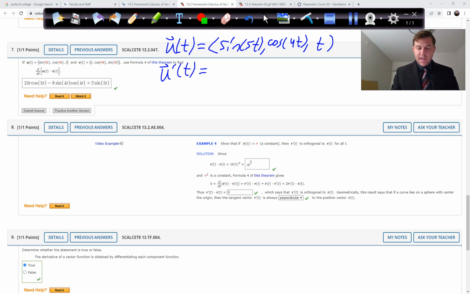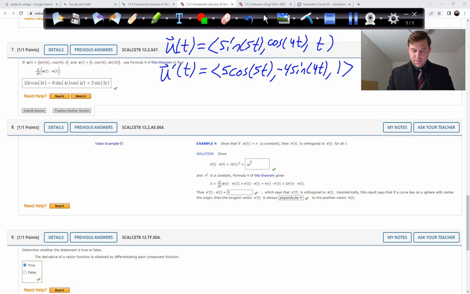The derivative of sine is cosine, but this 5 is also going to come out front, so you're going to get 5 cosine of 5t. The derivative of cosine is minus sine, but that 4 is also going to come out front, so it's going to be minus 4 sine 4t. And then the derivative of t with respect to t is 1. So that's the derivative of u of t.